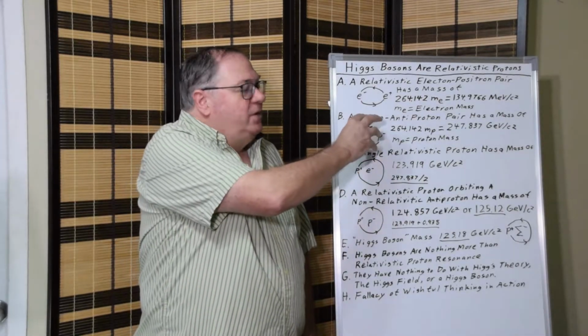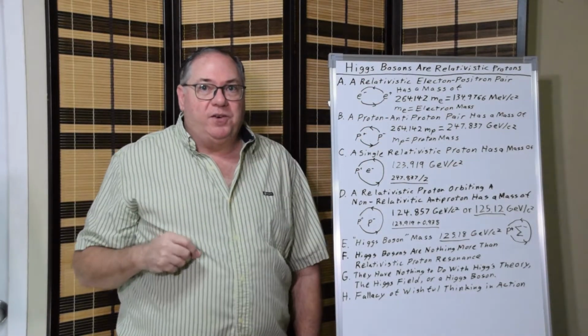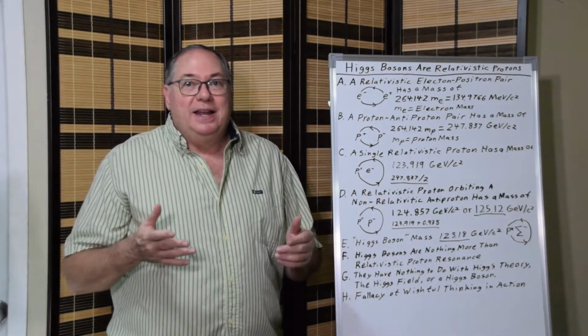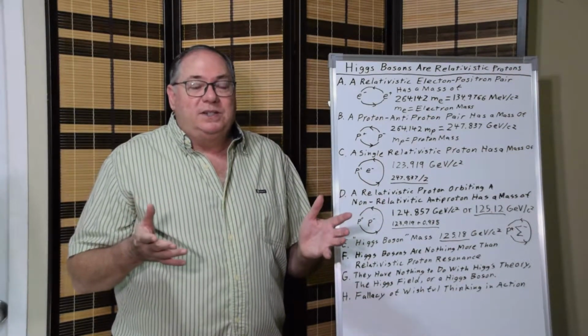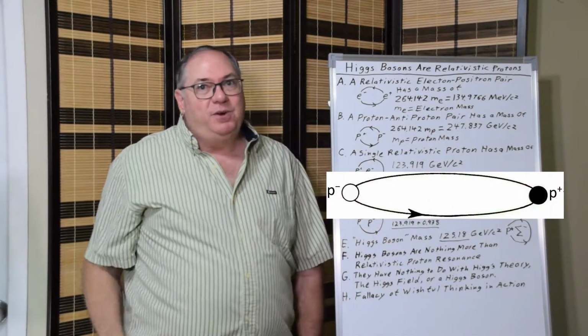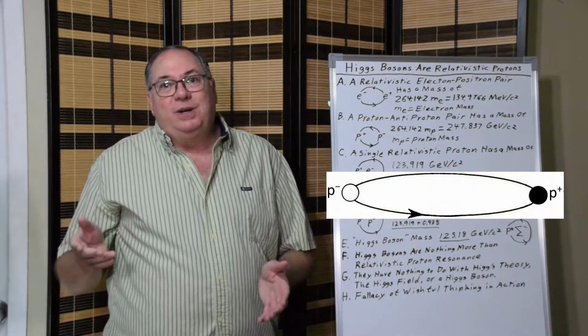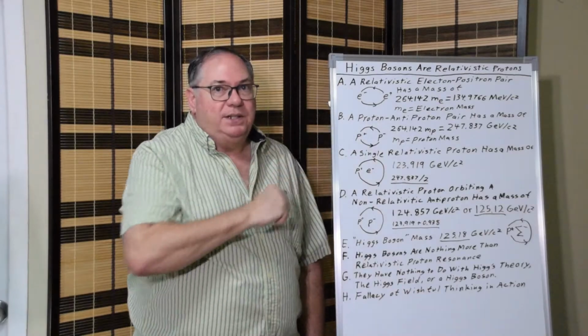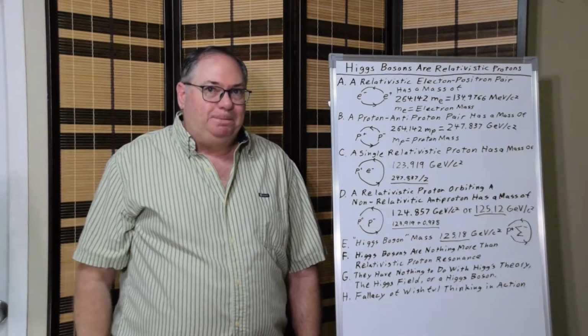Well, if you substitute protons into the equation, which you can because there's nothing that says you can't, it still works. You get 264.142 times the mass of a proton gives you 247.8 GeV. And that's the mass of a relativistic proton-antiproton pair.